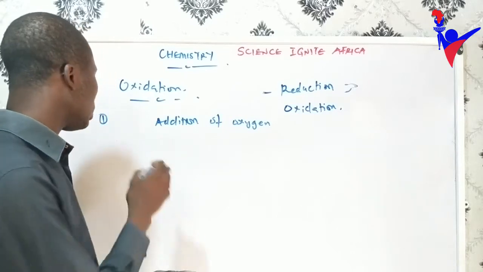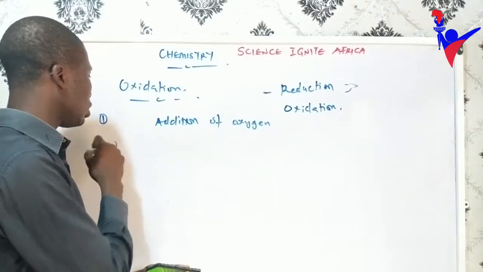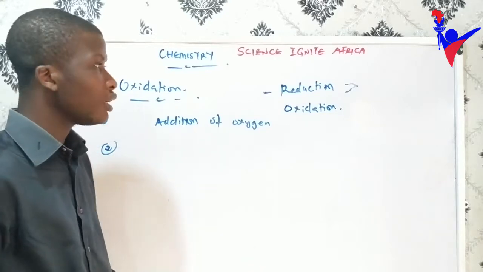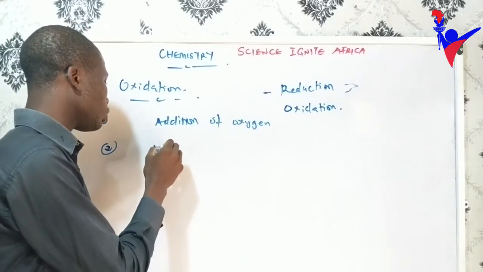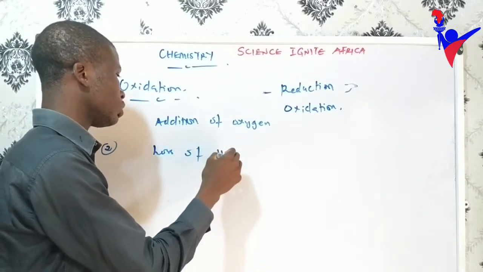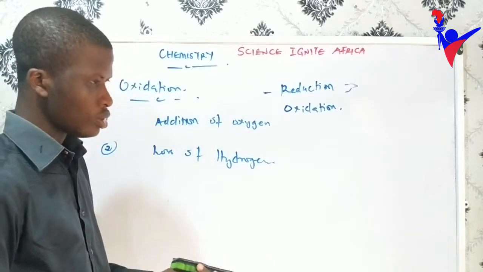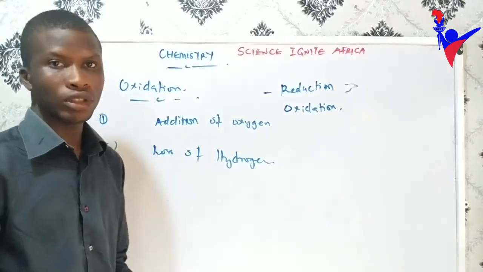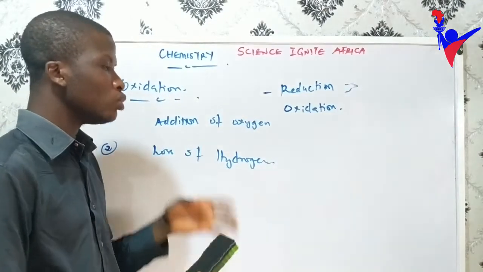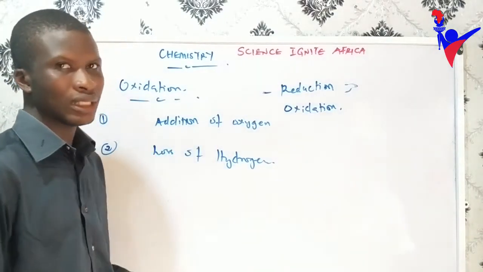Another way of defining oxidation is loss of hydrogen. So when hydrogen is lost in a reaction, you are sure that oxidation has taken place.